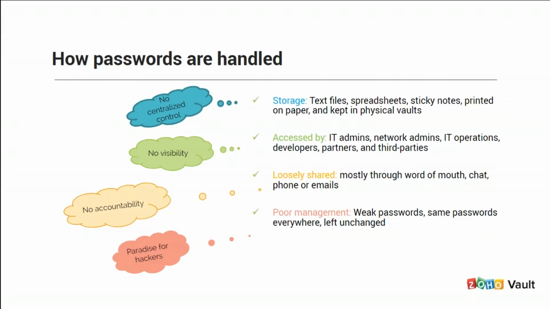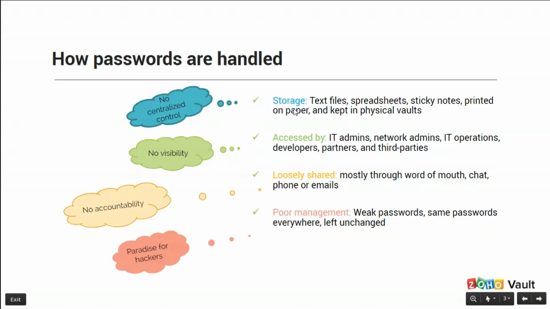But this puts the company's confidential data at risk. There are even chances for third parties and malicious insiders to steal this confidential data from your company and sell it in the outside market for their own personal benefit.